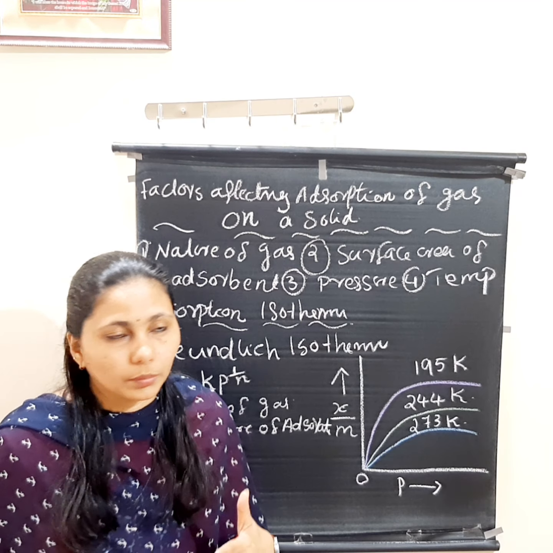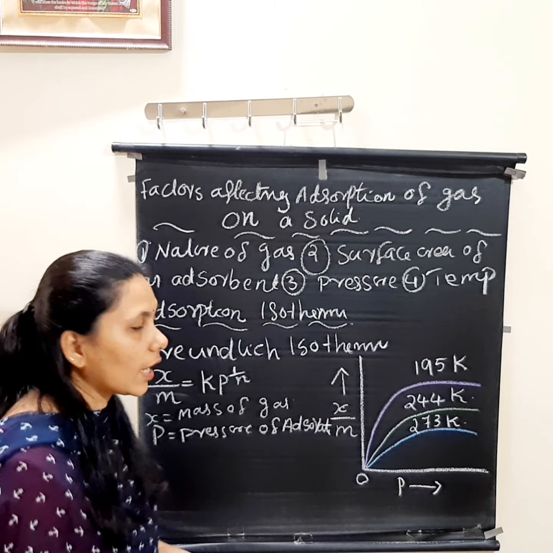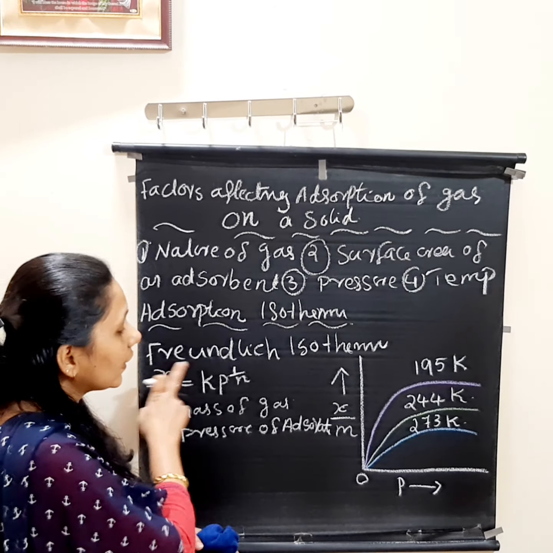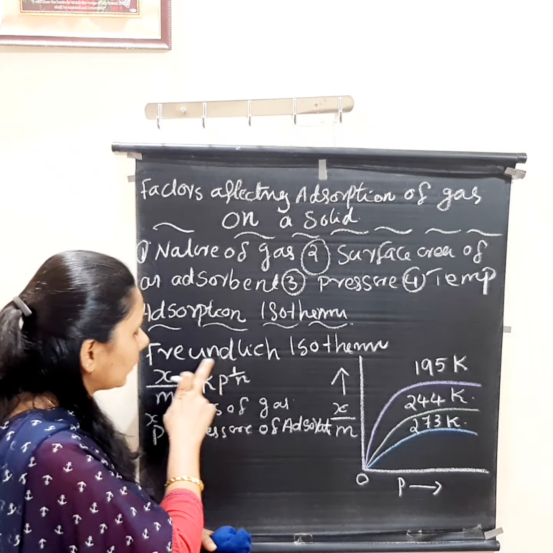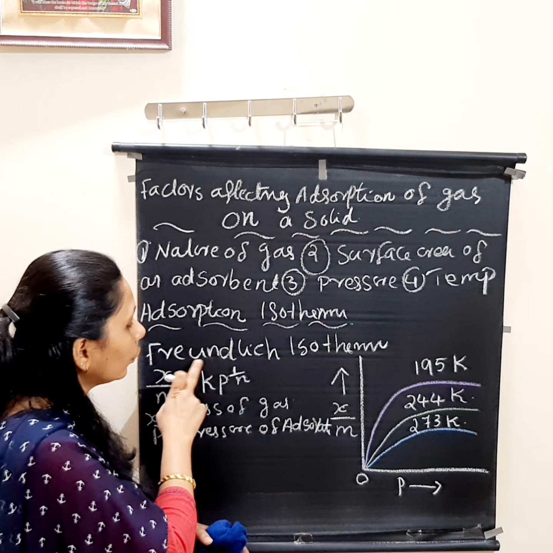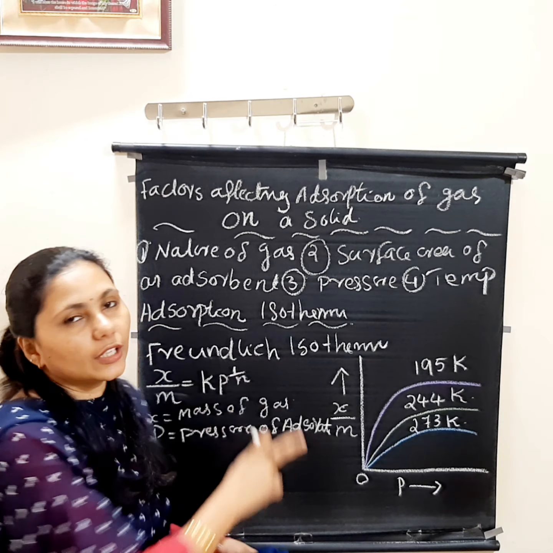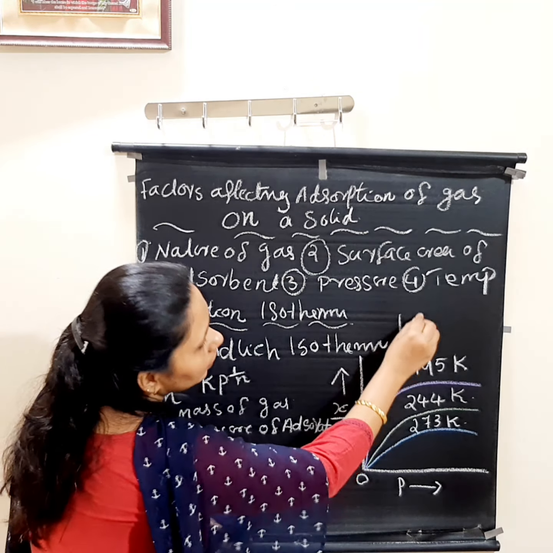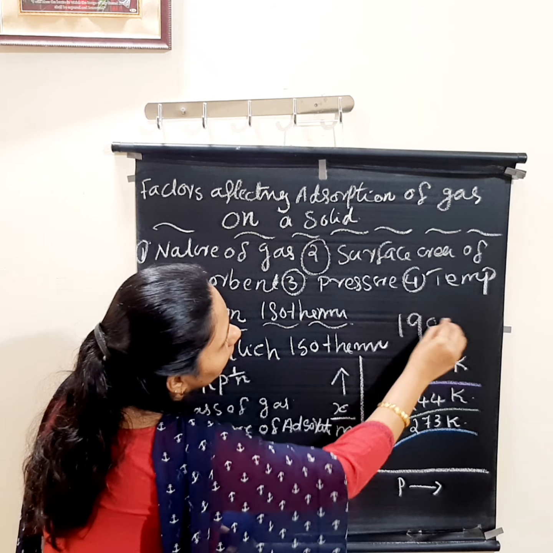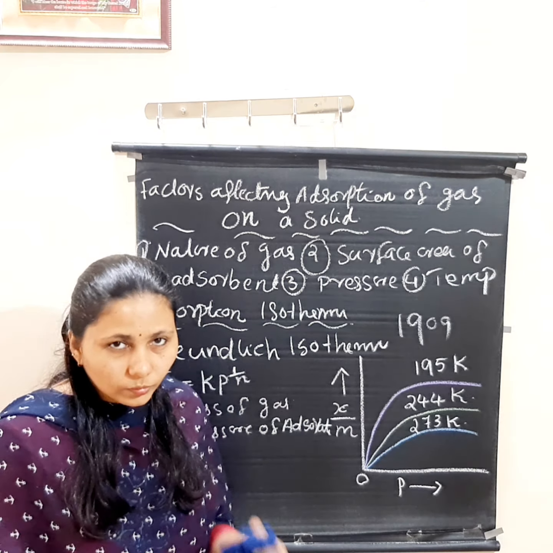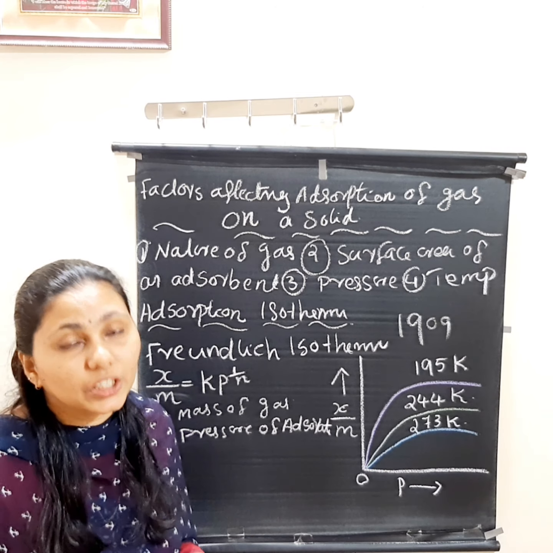The first adsorption isotherm was proposed by Freundlich, the Freundlich isotherm. In 1909, Freundlich, the scientist, proposed an empirical equation.